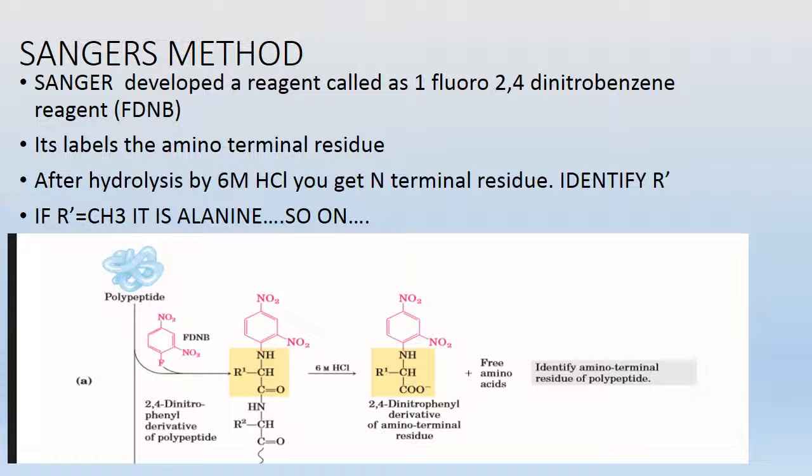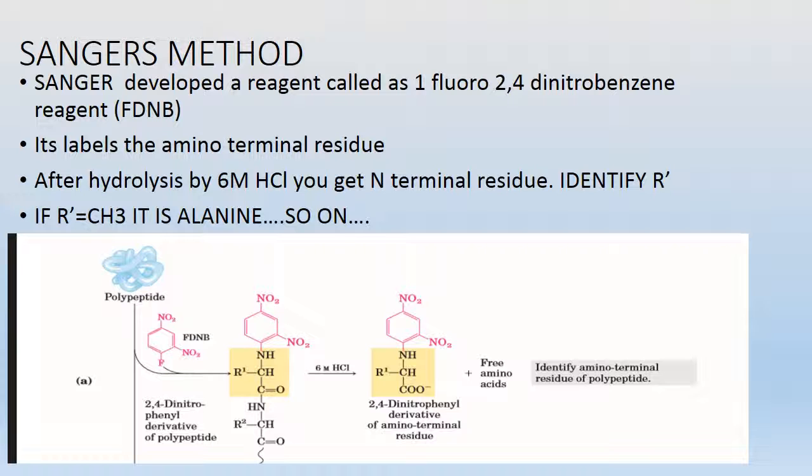After removal of tyrosine, the third amino acid, tryptophan, becomes the end terminal residue. Similarly, you can go on labeling with FDNB and sequence the whole polypeptide.